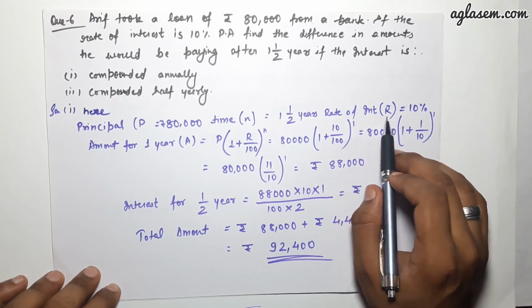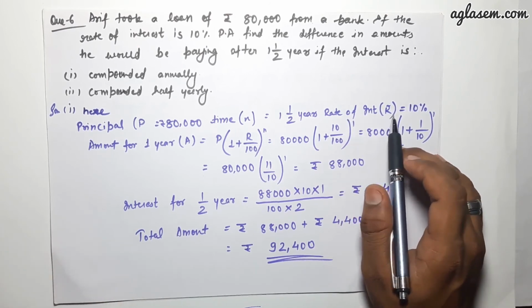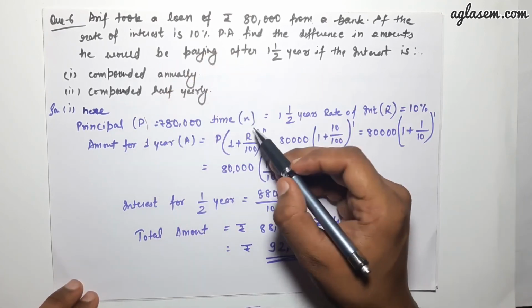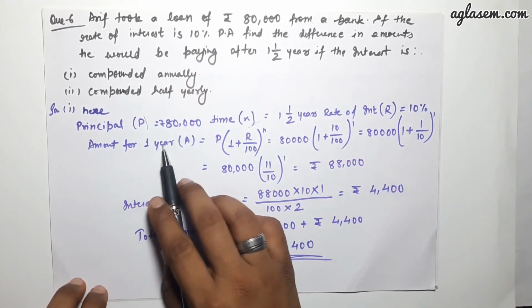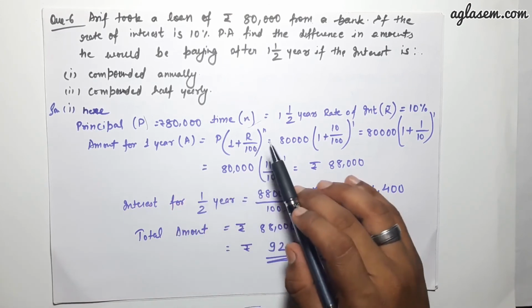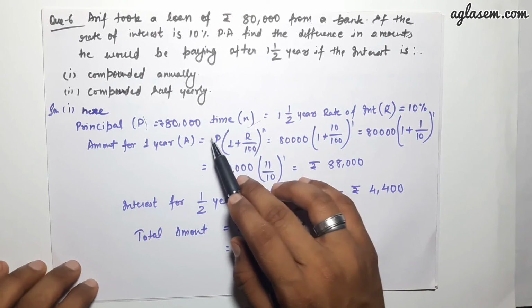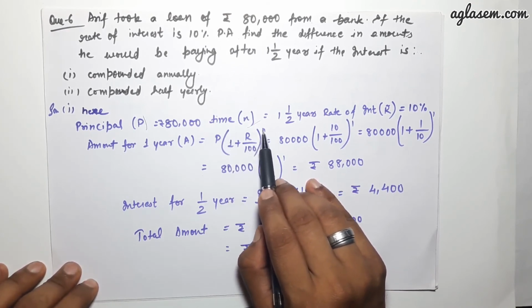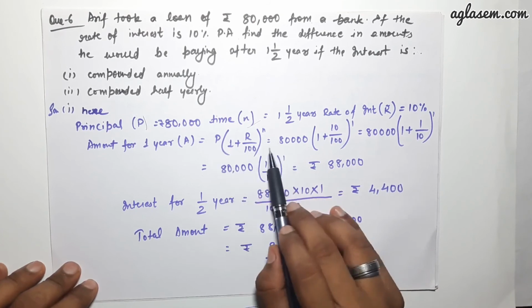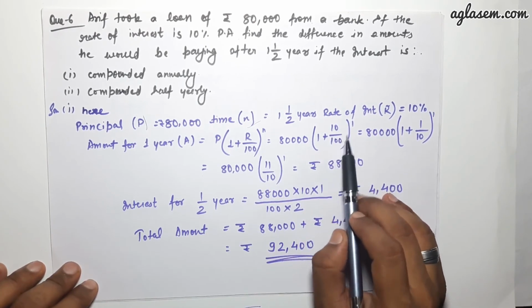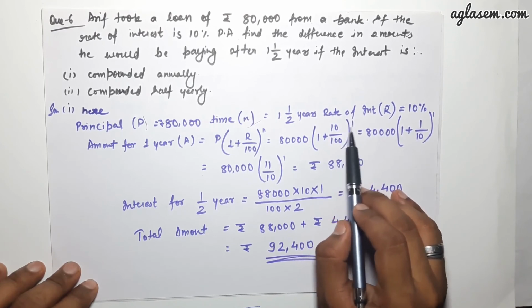Rate of interest is denoted as R as I told earlier, the principal is denoted as P, and time is denoted as N. So the amount for 1 year, that is A, let's put the formula. The formula is P (1 + R/100)^N. So P is 80,000, (1 + 10/100), time is 1.